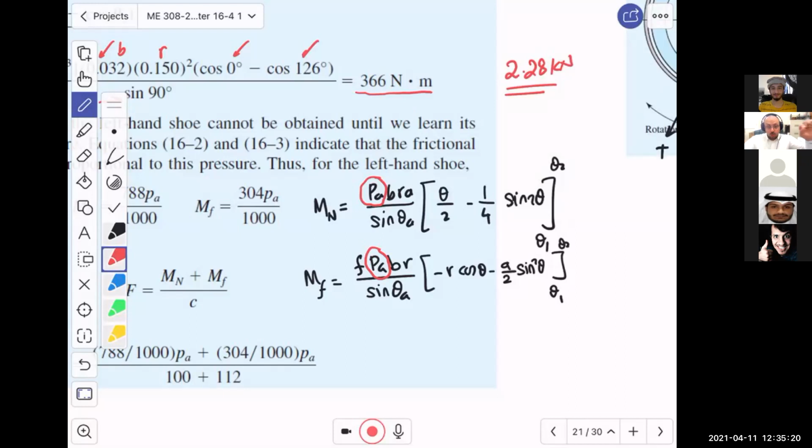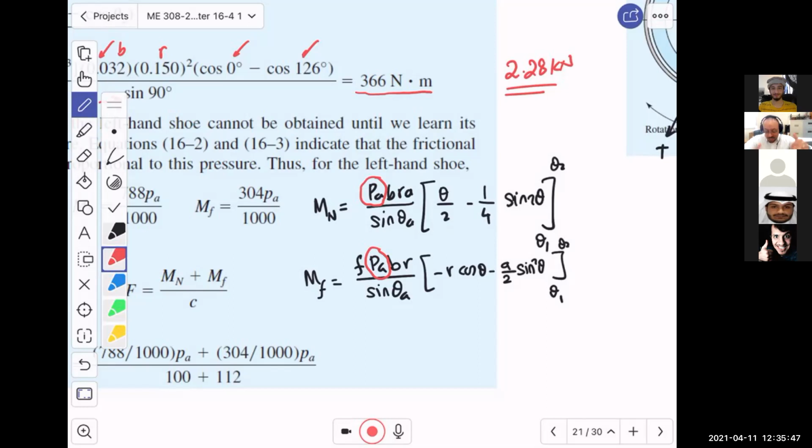It has two rods, one pushing in here, one pushing in there with the same force. So 2.28 will be applied on the left one. You have no choice. But because it is self-de-energizing, it is not necessary that 2.28 on the left shoe will generate 1000 kilopascal.